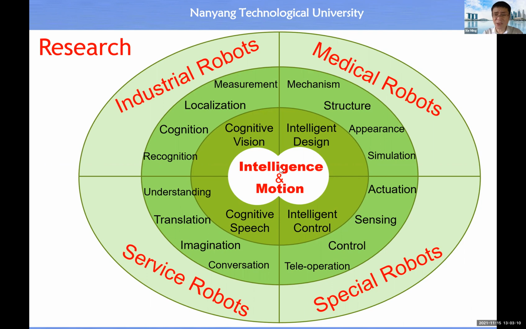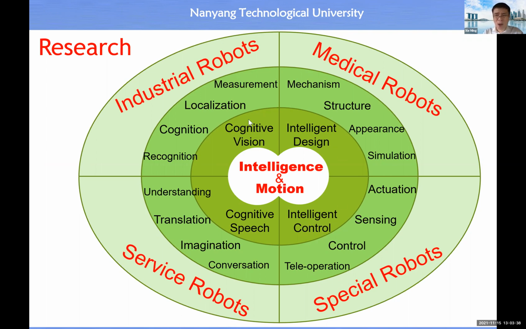The two keywords related to my basic research are intelligence and motion. Therefore, there are four pillars inside my basic research. The first one is cognitive vision. The second one is cognitive speech. The third one is intelligent design. And the fourth one is intelligent control.